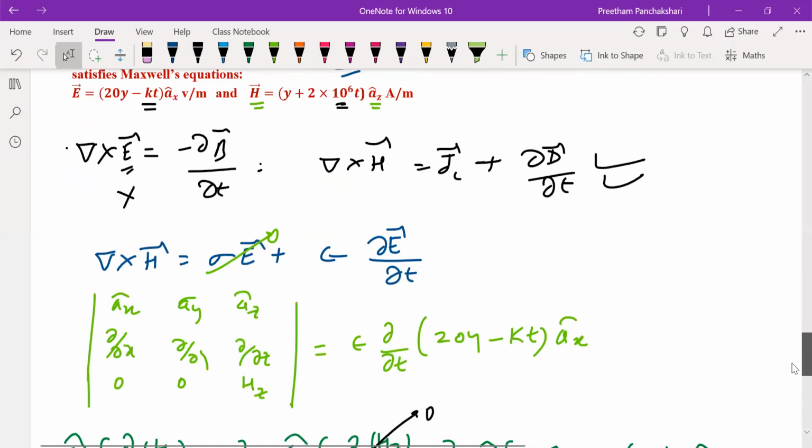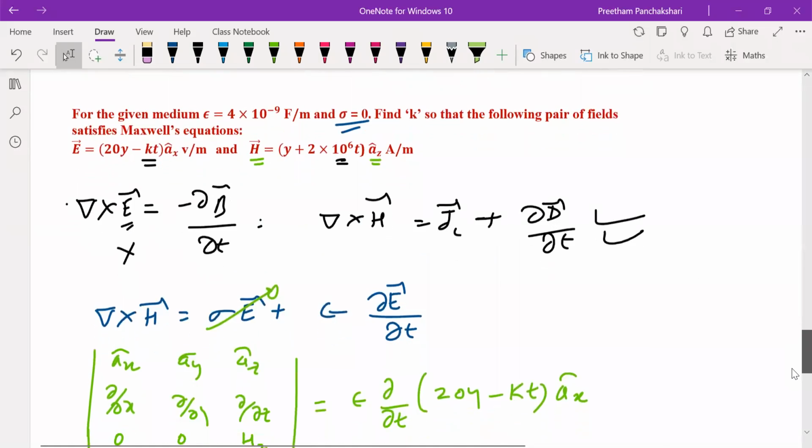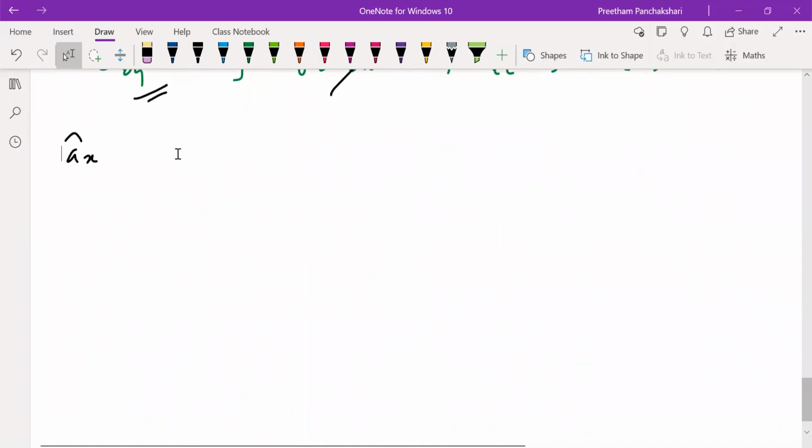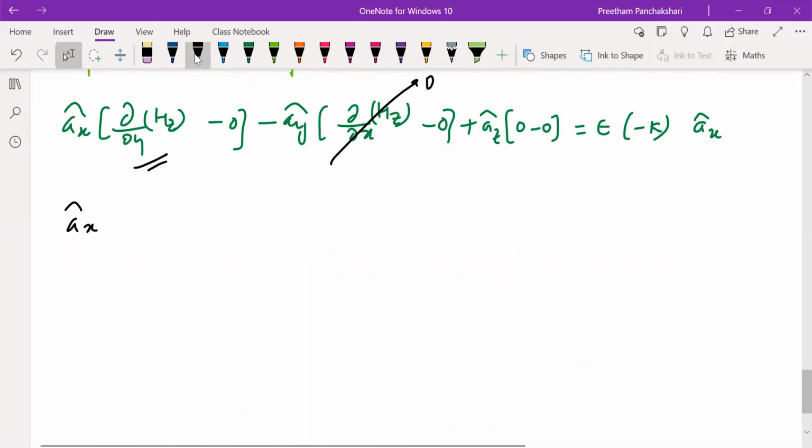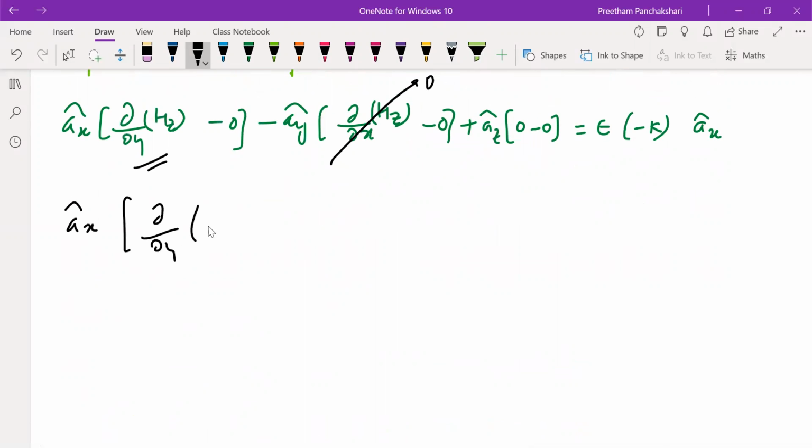What is that one? Y plus 2 into 10 power 6t. So the differentiation is y plus 2 into 10 power 6t. The remaining all terms are 0.